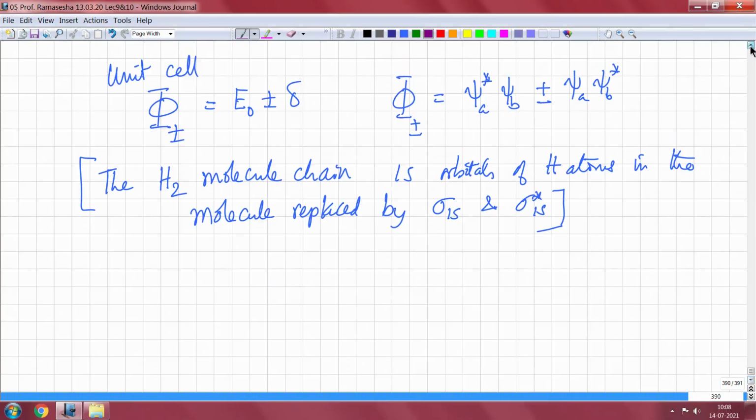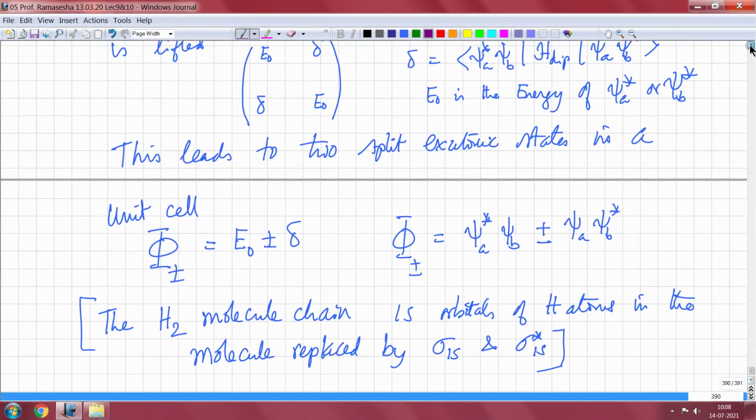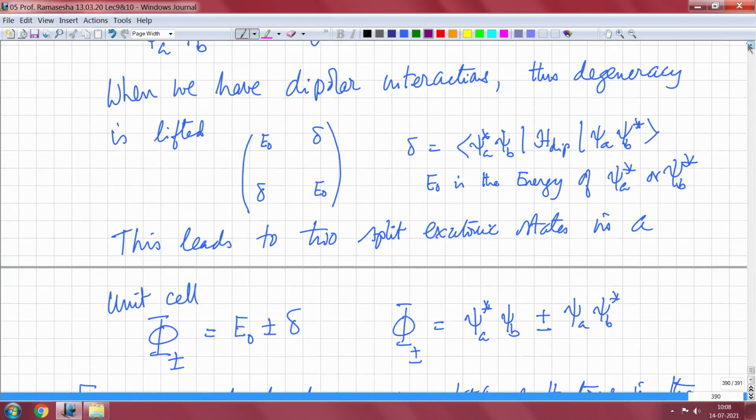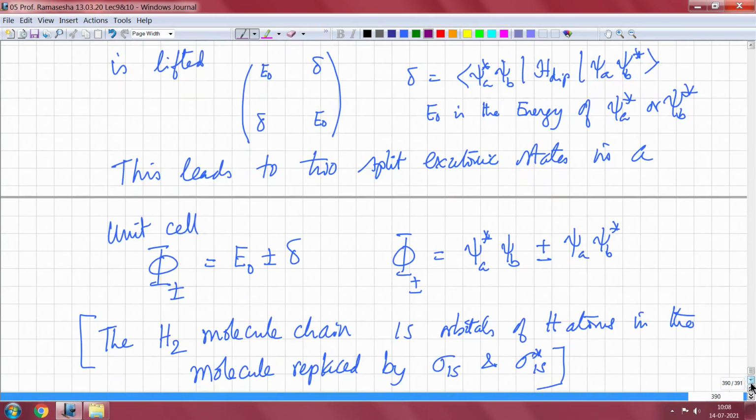In the previous lecture we were discussing the case of 2 molecules per unit cell and then looking at what happens to the excitons and excitonic bands. For this we solved first the case in which we have 2 molecules interacting via dipolar interactions, and then we obtained the 2 new states very much like with the hydrogen molecule problem.